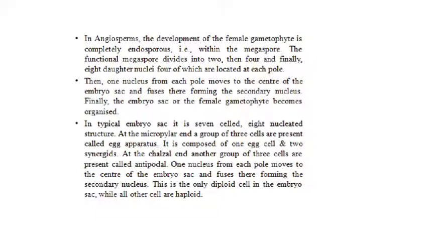This is the only diploid cell in the embryo sac, while the other cells are haploid. That is, the centrally present secondary polar nucleus is diploid, the micropylar end egg apparatus is haploid, and the chalazal end antipodal cells are also haploid.